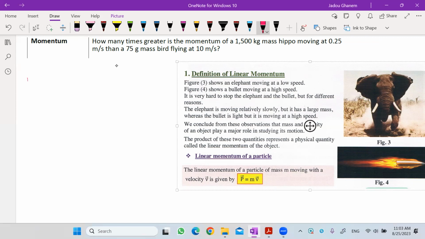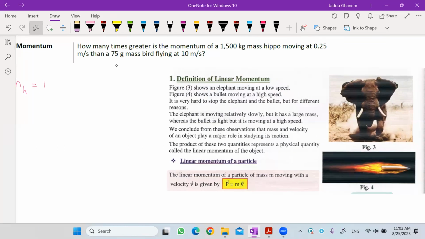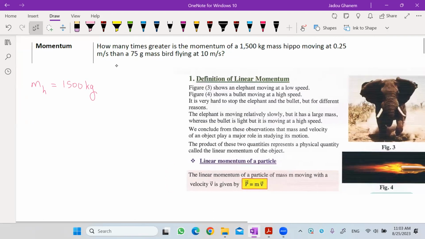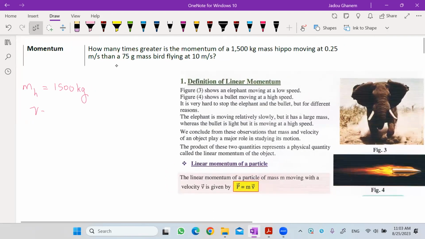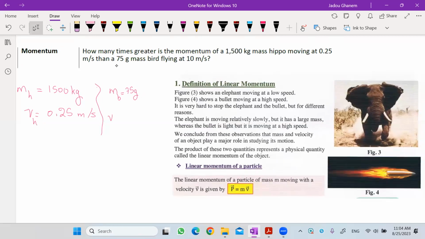So we have the mass of the hippo, I'll write m_h, equal to 1500 kilograms, and the speed v_h equal to 0.25 meters per second. And then we have another object, a bird, I'll write b. So the mass of b is 75 grams, and the speed v equals 10 meters per second.